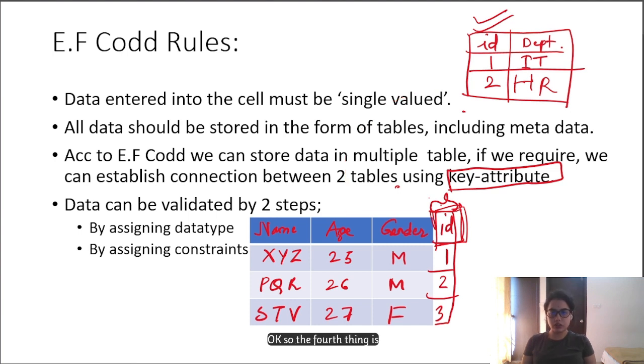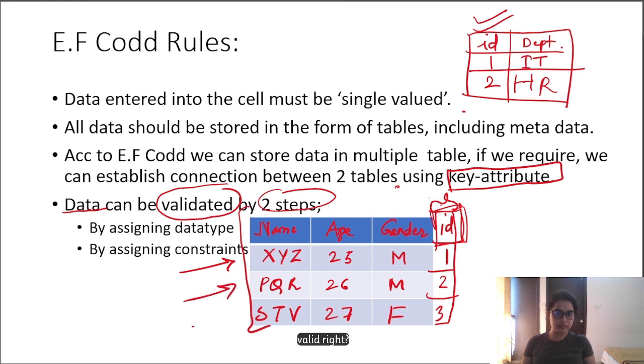Okay. So the fourth thing is data can be validated using two steps. So what is data here? The complete table is our data here, right? How can we validate? Validate means to make sure the data entered into the columns are valid, right?